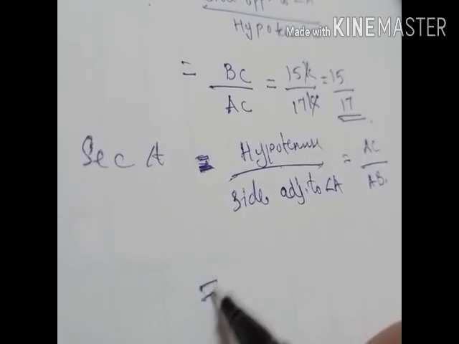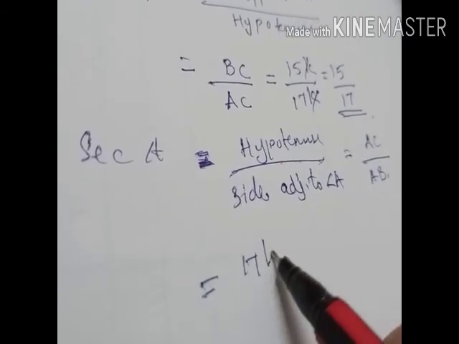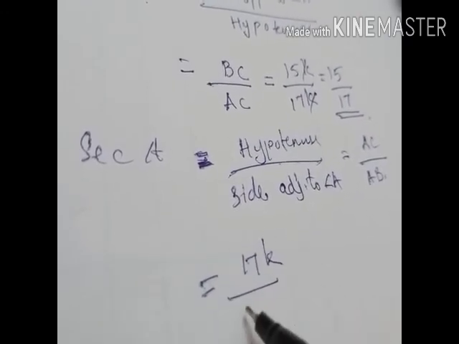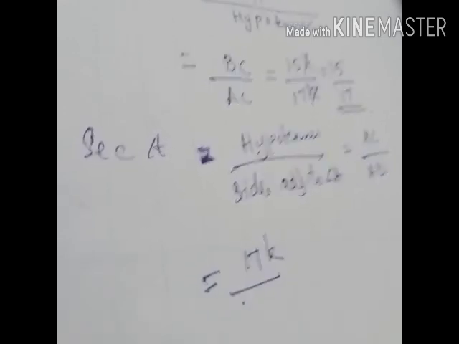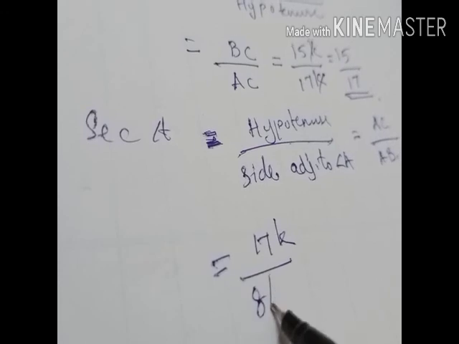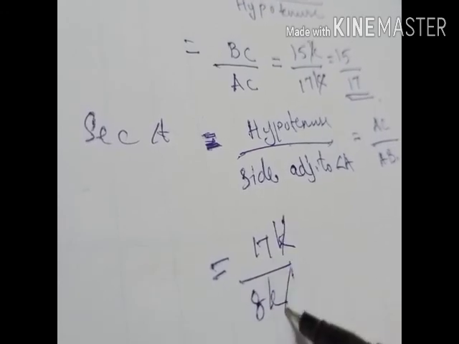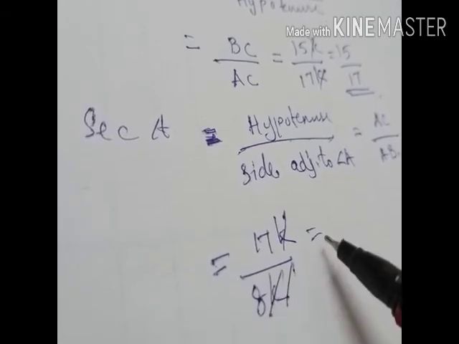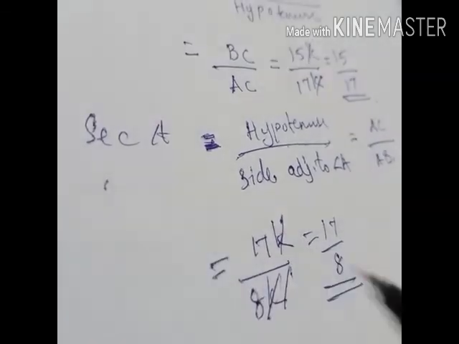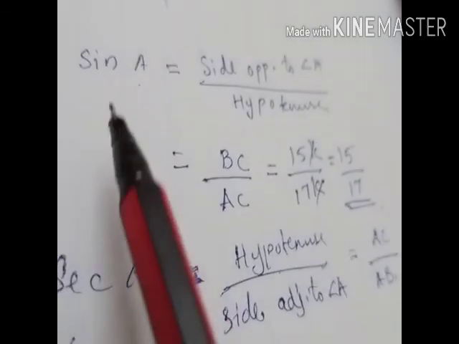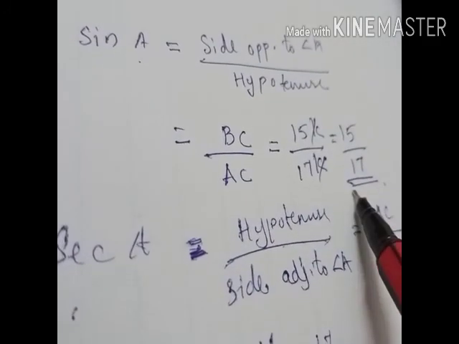AC we got as 17K, AB is 8K. So K and K will be cancelled. Then what will we get? 17 by 8. So sec A is 17 by 8 and sin A is 15 by 17.